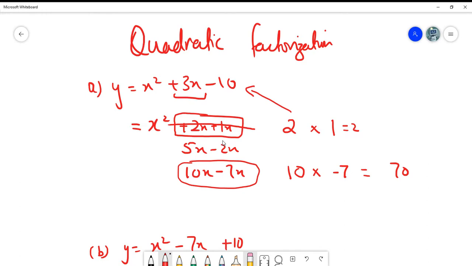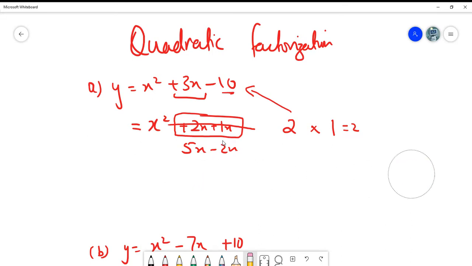The sign with 10 is implicit, it's hidden, but it's positive. If a number does not have a sign written with it, it is a positive sign. So multiplying these two signs together, positive and negative, we will get negative as the answer. So 10 times negative 7 is negative 70. And yet this is not the required way to break down 3x because we got negative 70 as the answer and we need negative 10.